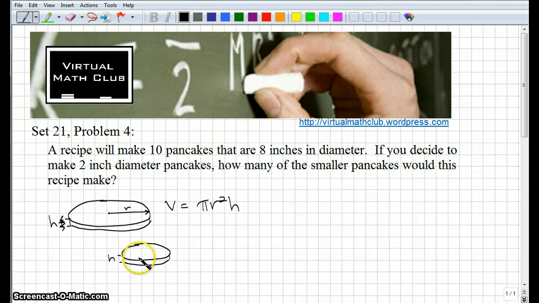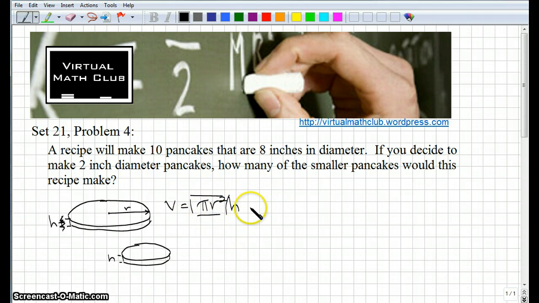So we're going to assume that in both cases, whether they're 8-inch or 2-inch diameter pancakes, they have the same thickness. So really then all that's changing is the area, right?